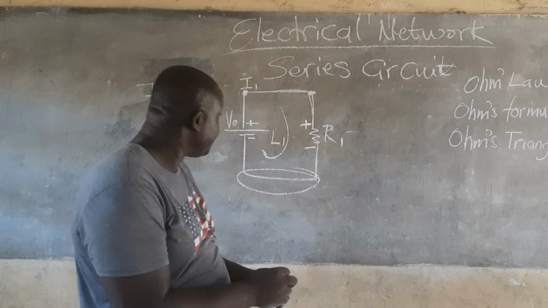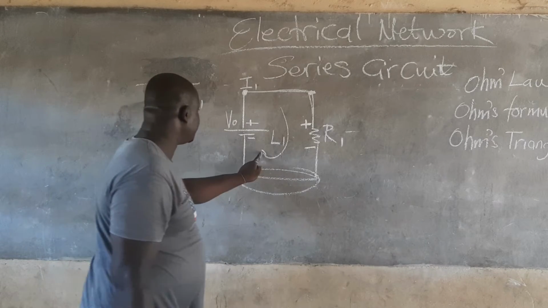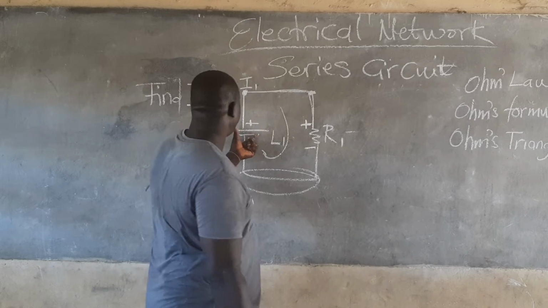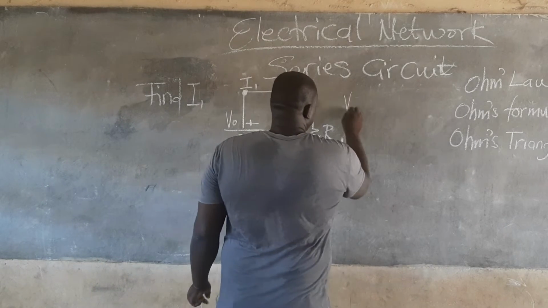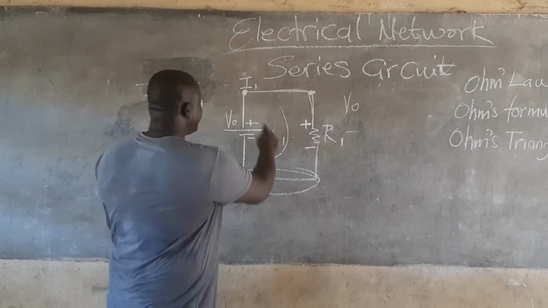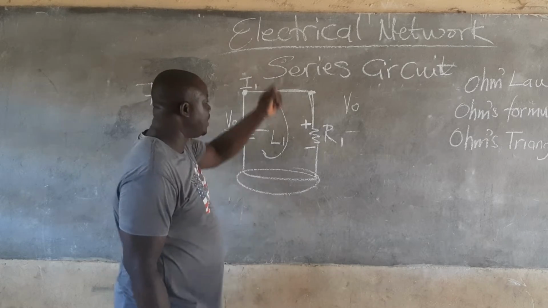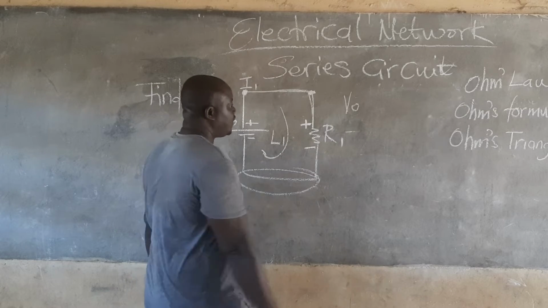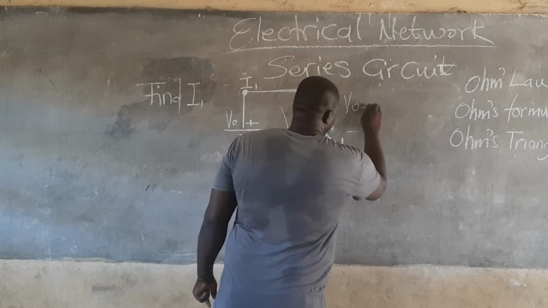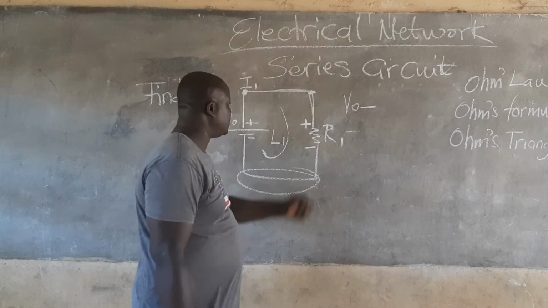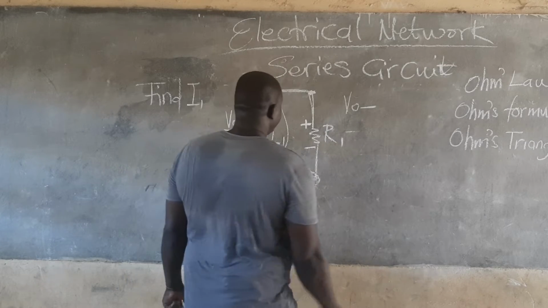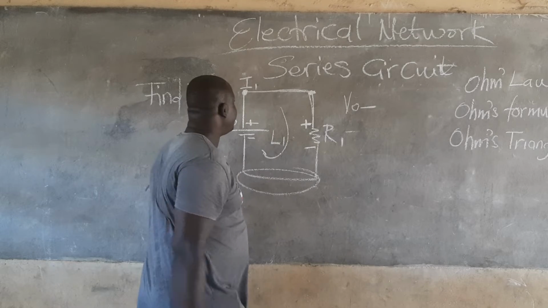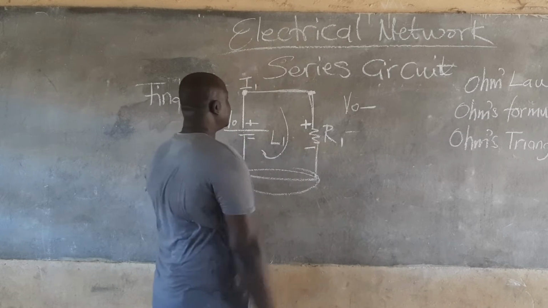So let's say the current is moving from here, from the negative region to the positive region, which means voltage rise, so V0. Now as the current moves, we have not met any resistance. The only place where there is resistance is this place. So there is a drop in voltage, which means the current is moving from the positive region to the negative region.